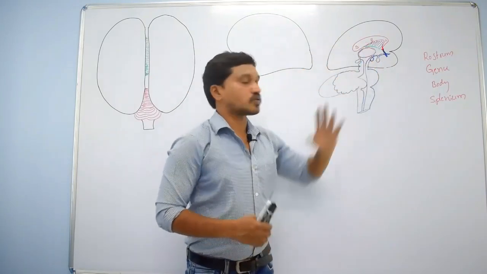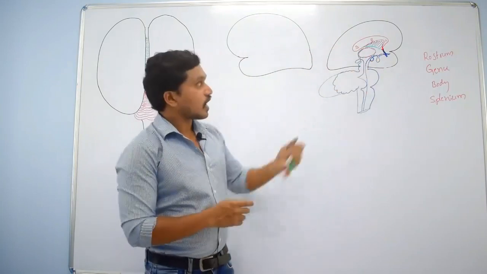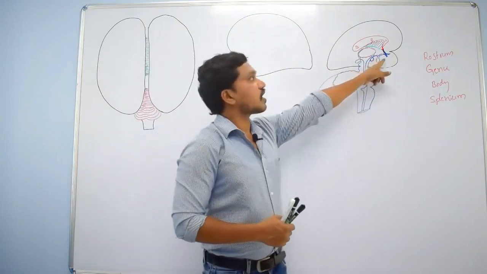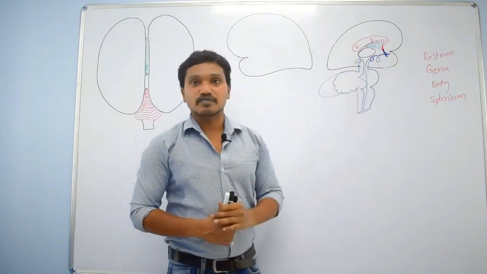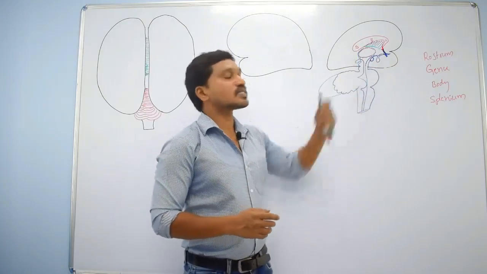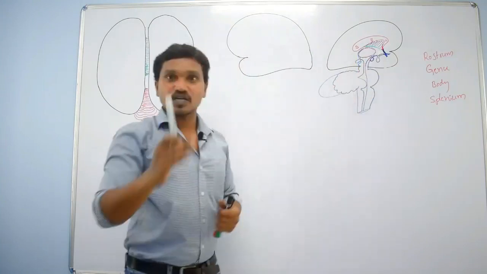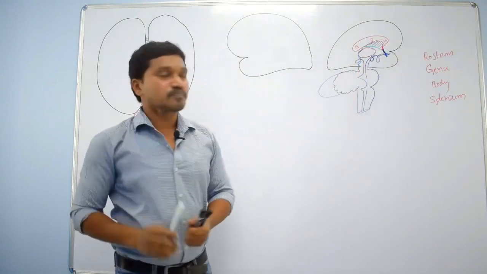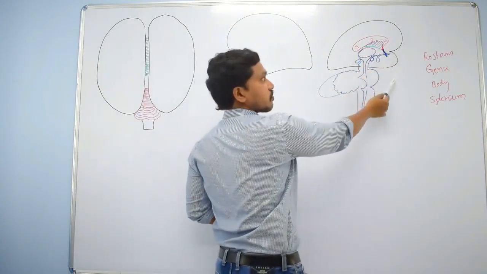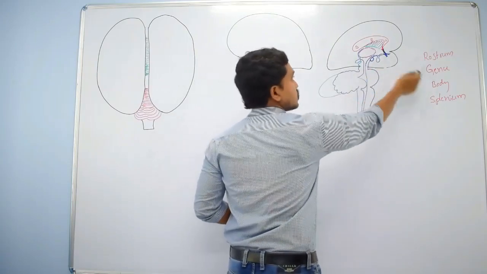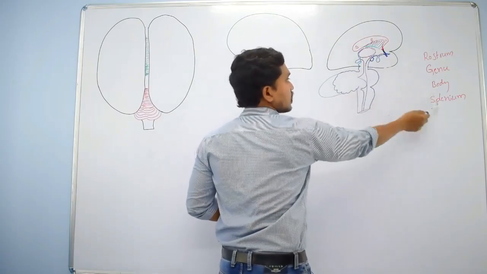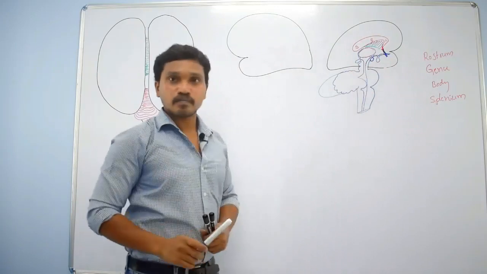Before that, I will tell you what parts are present in the medial surface. You can see the section of corpus callosum, having different parts: rostrum, genu, body, splenium, right?